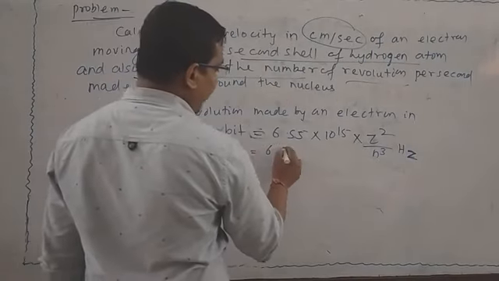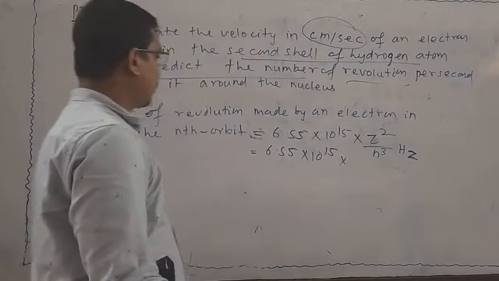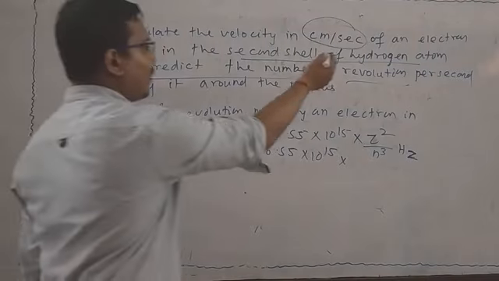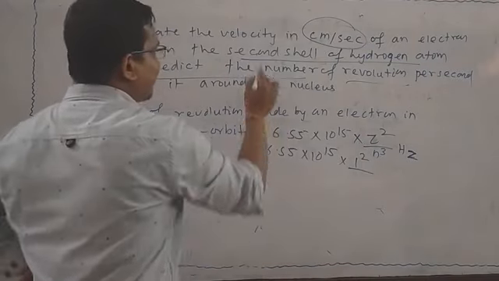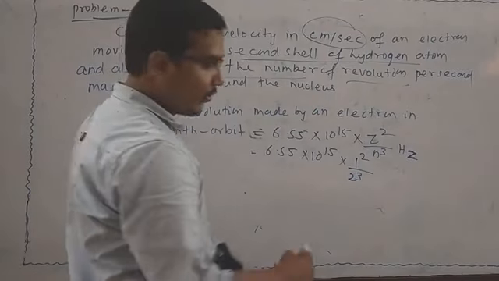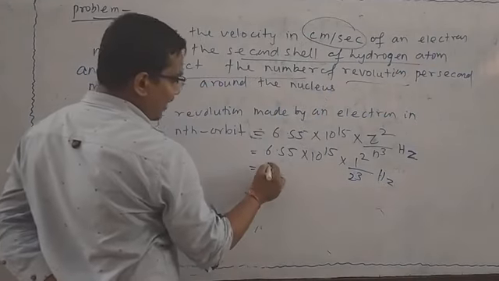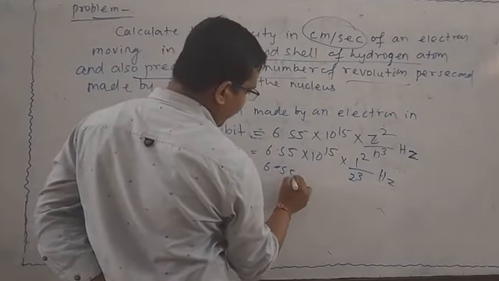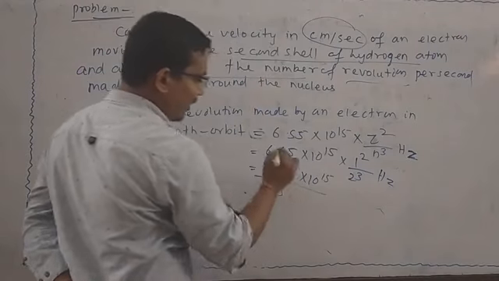That is your 6.55 into 10 to the 15. Z is your how much? For hydrogen atom Z is your 1. This is 1 square per second. Shell means n is equal to 2, so we can write 2 cube. That is your hertz. That means we can find 6.55 into 10 to the 15 divided by 10 to the 8.